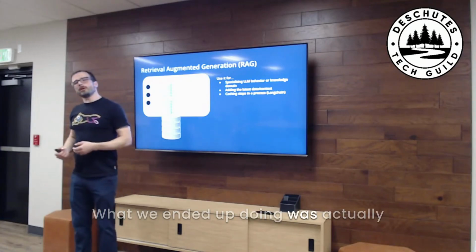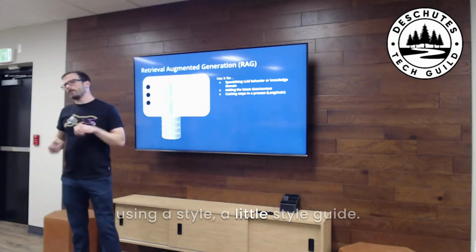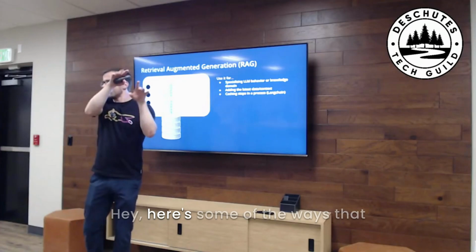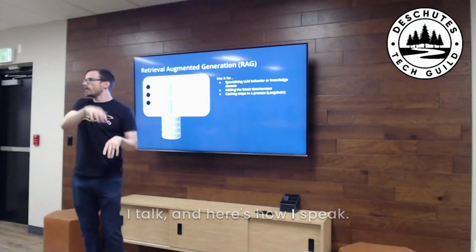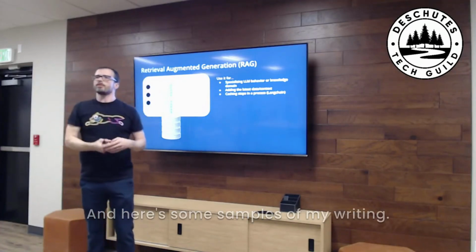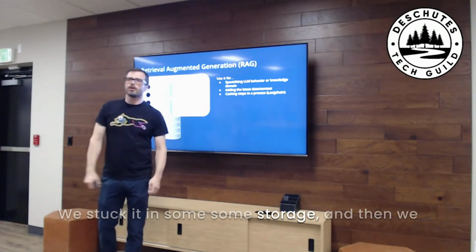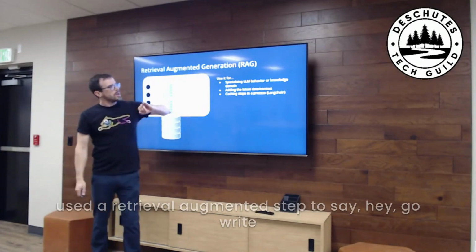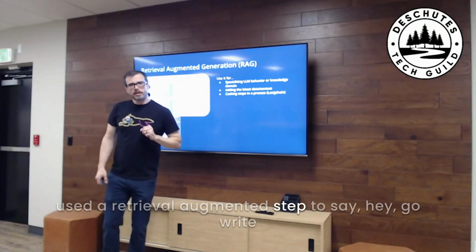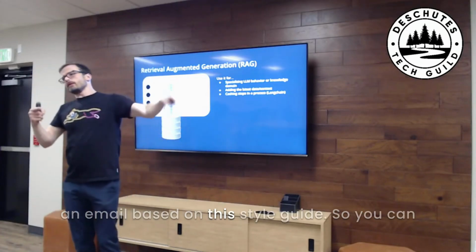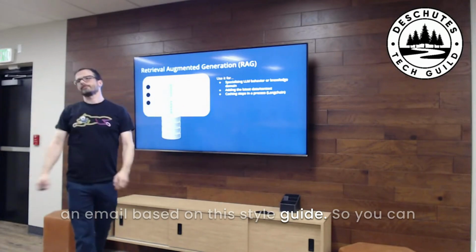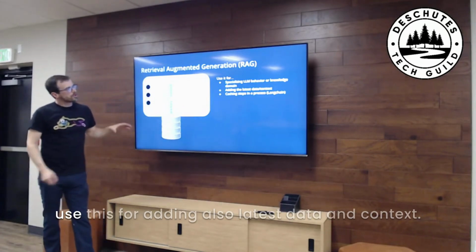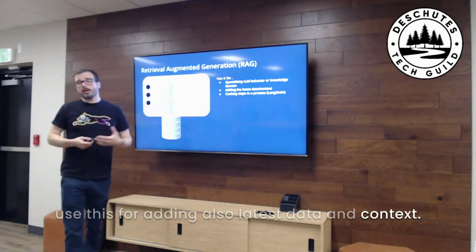What we ended up doing was actually using a little style guide. Hey, here's some of the ways that I talk, and here's how I speak, and here's some samples of my writing. We stuck it in some storage, and then we used a retrieval augmented step to say, hey, go write an email based on this style guide.